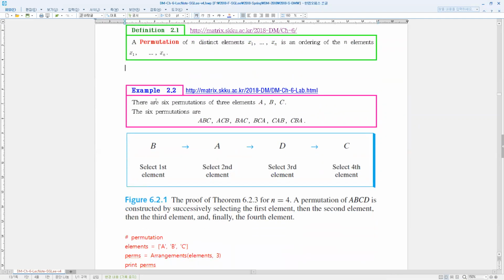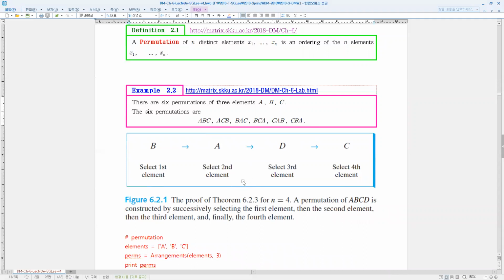Okay, example 2.2. There are 6 permutations of 3 elements A, B, and C. Then it has 6 permutations, which are ABC, ACB, CBA, and so on.